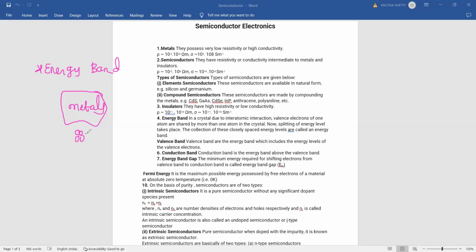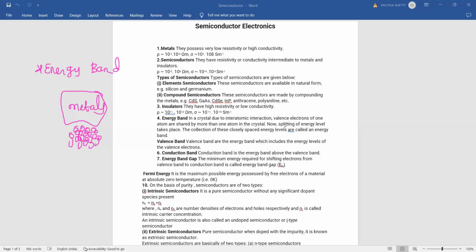Due to that, the valence electrons of an atom are shared by more than one atom in the crystal. Suppose you take the crystal structure of any metal; one atom is sharing bonds with many atoms in its surroundings. It is sharing bondings with the neighboring atoms in the crystal.